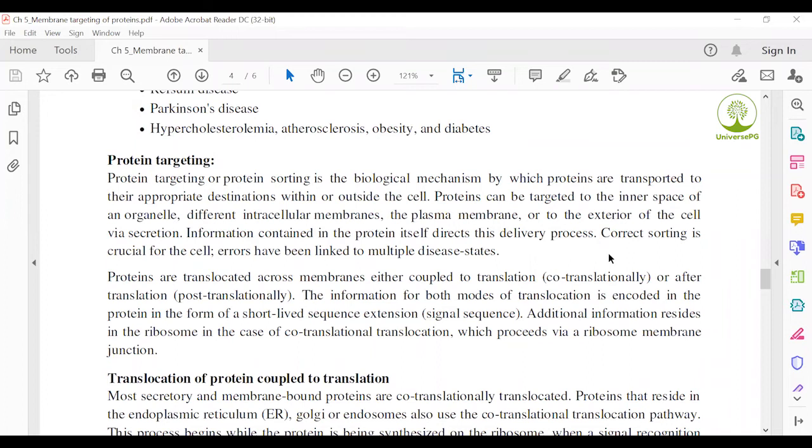In protein sorting or targeting, different proteins are transported outside and within the cell, and also to the different cellular organelles. This type of process is called protein targeting or protein sorting.